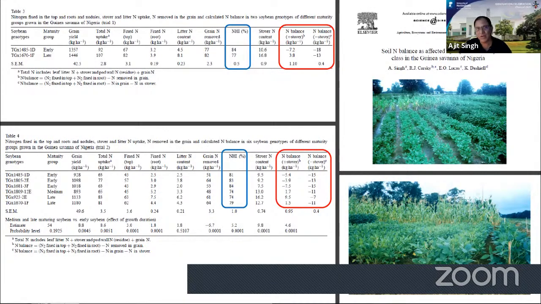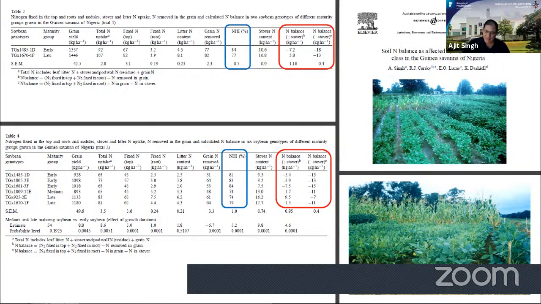Just like harvest index, where most of the photosynthate is moved to the grain, nitrogen harvest index is the proportion of nitrogen moved to the grain out of the total nitrogen available in the plant. Assuming the total nitrogen in the plant is 100 kg, the plant is able to move 84 kg to the grain. That's a very efficient system. So NHI is 84%, 77%, 81, 83, 84.